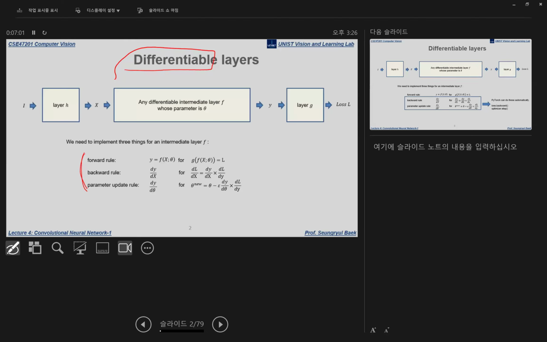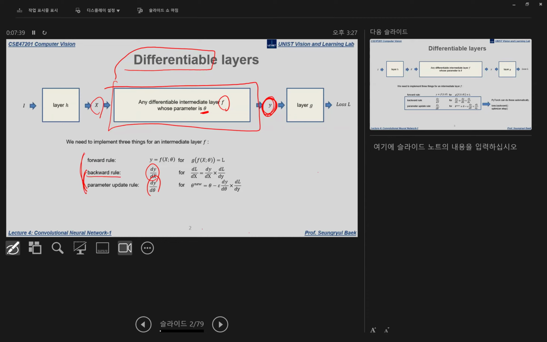Okay, these two rules they have to have. The first one is dy/dx, and the other one is dy/dθ. For this individual layer f, let's say its parameter is θ, its output is y and its input is x, right?